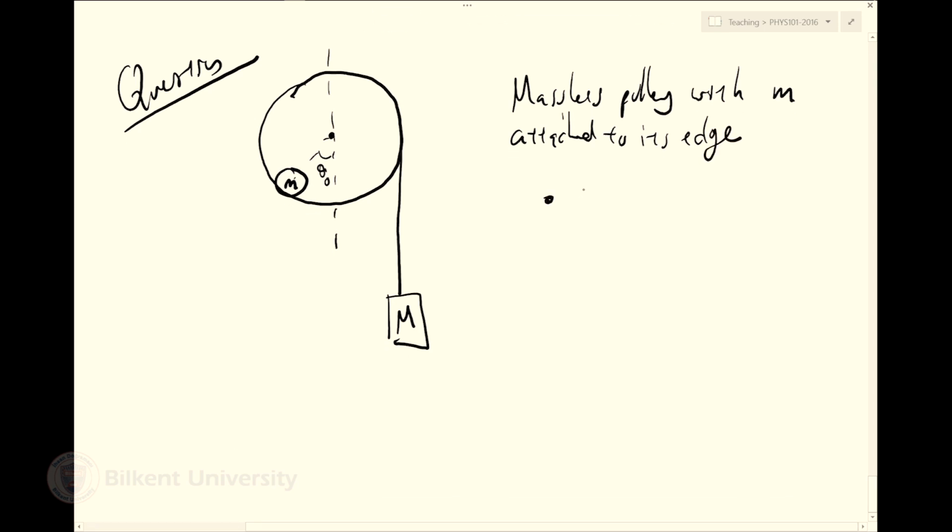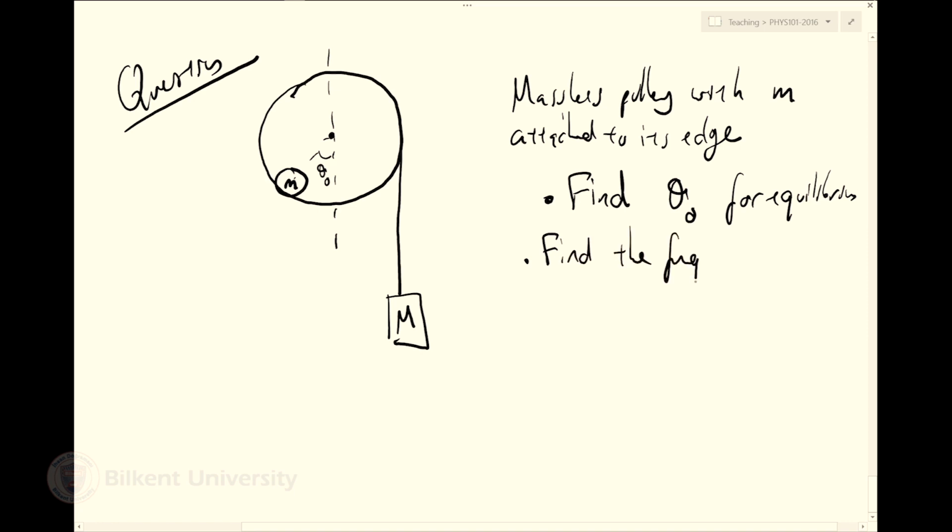I'm going to ask two things. Find theta 0 for equilibrium. Find the frequency of small oscillations.